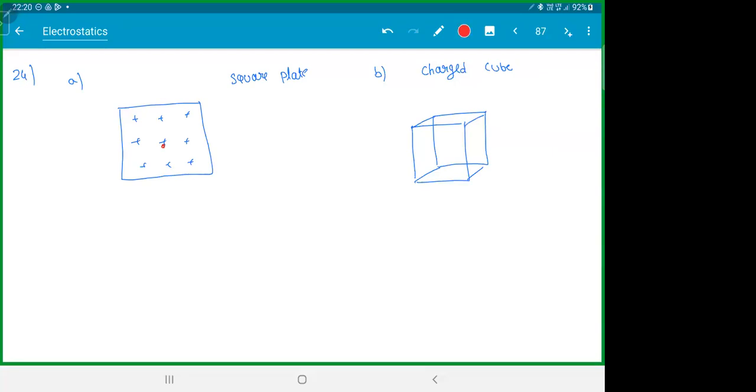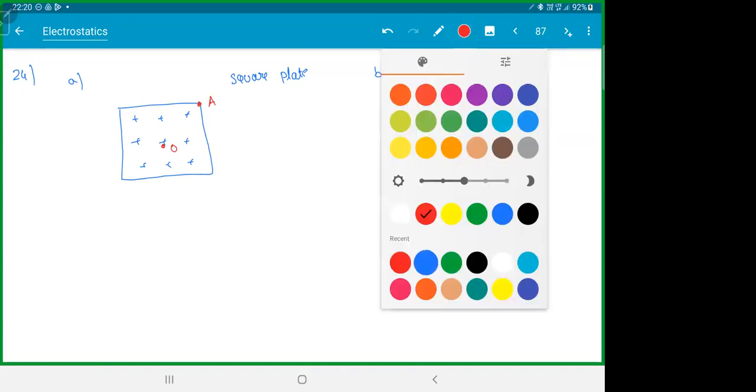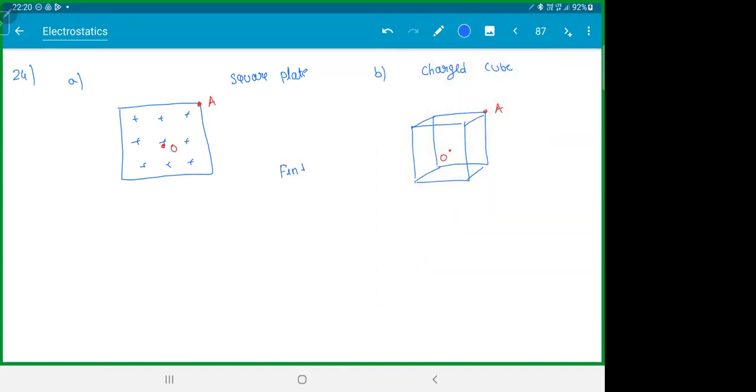If I take the center to be O, and the corner is A, find V_O by V_A, the ratio of potential basically. We don't want the exact values, we just want the ratio. If you have a square plate, find the ratio of potential between the center and the corner.